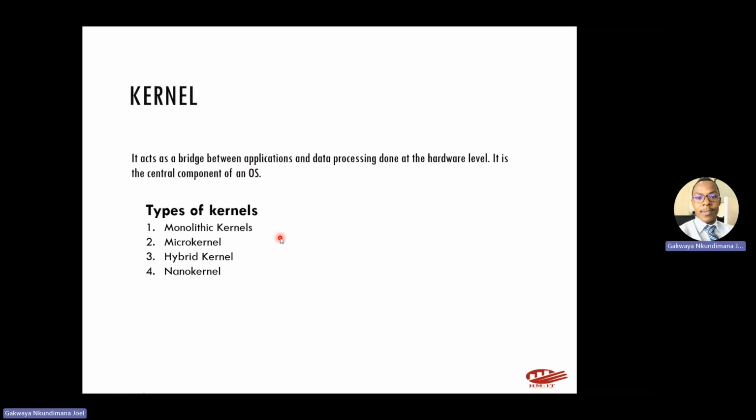If you go down somewhere, you may find other kernels named, but the prominent, useful ones, I only focus on the first 3: monolithic kernel, microkernel, and hybrid kernel. These are the 3 main kernels which are used.